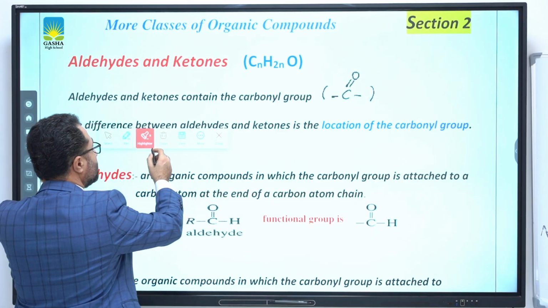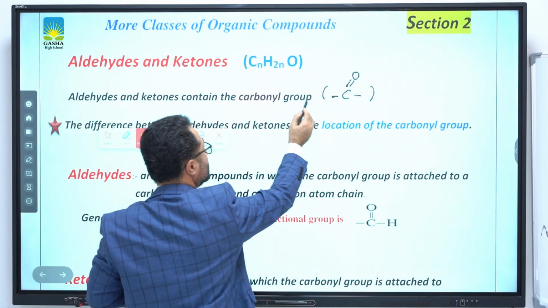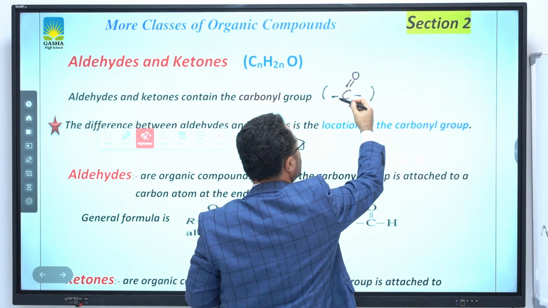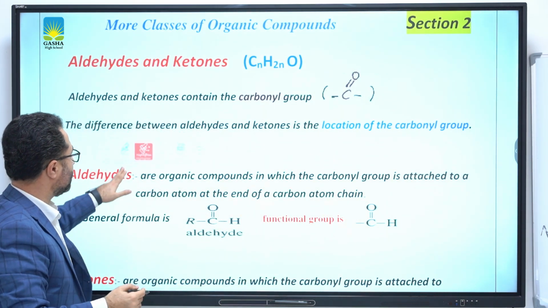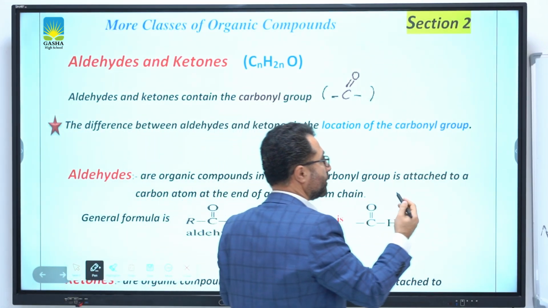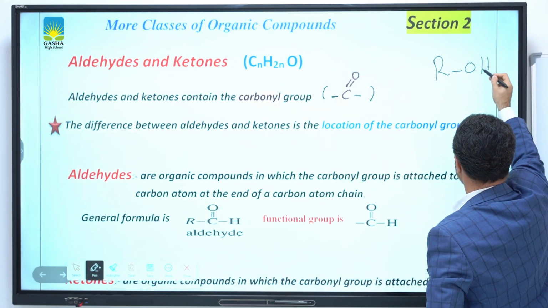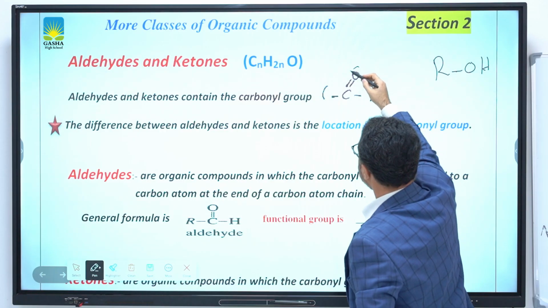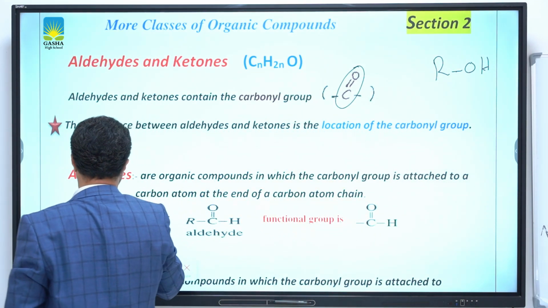Carbonyl group means C double bond O, with C combining with O directly without H, unlike alcohol. In alcohols, ROH, we have O combined with carbon and H. But here, O is combined directly with the carbon atom by a double bond.